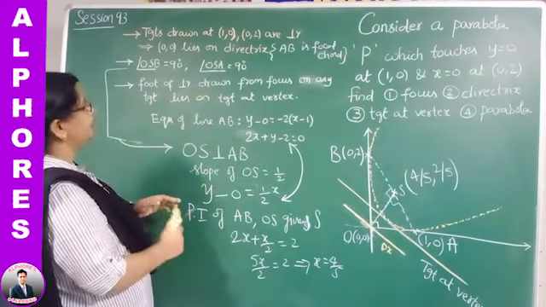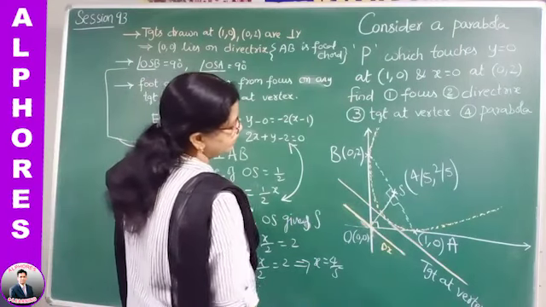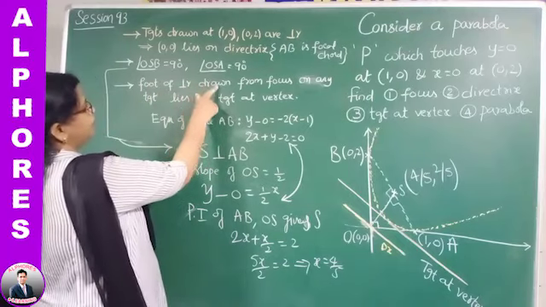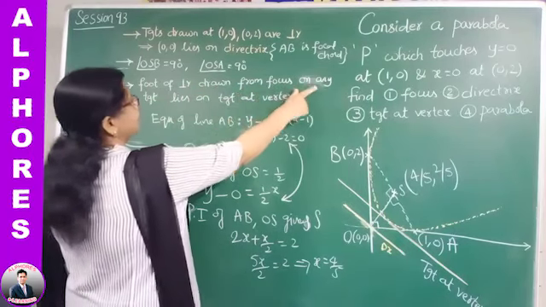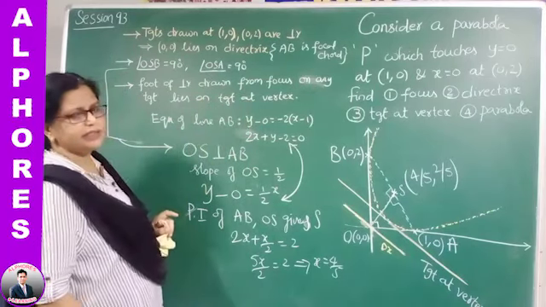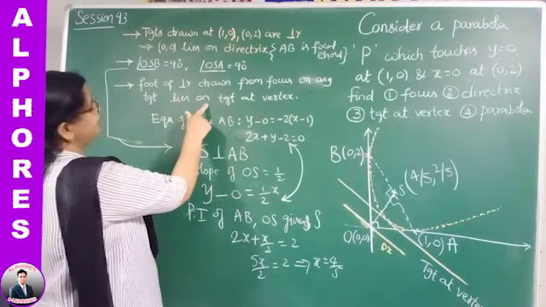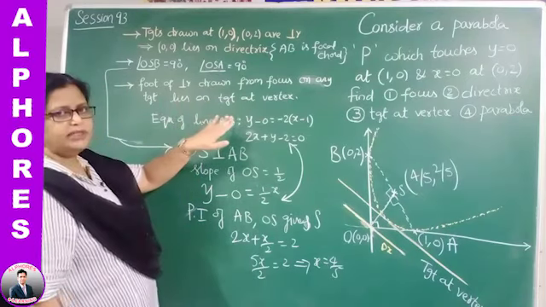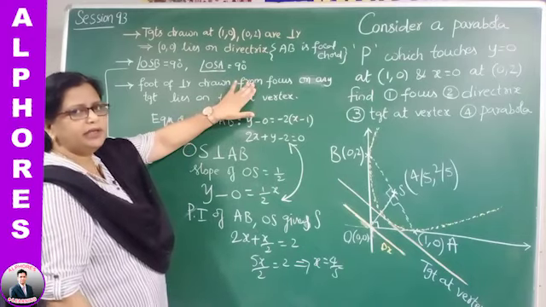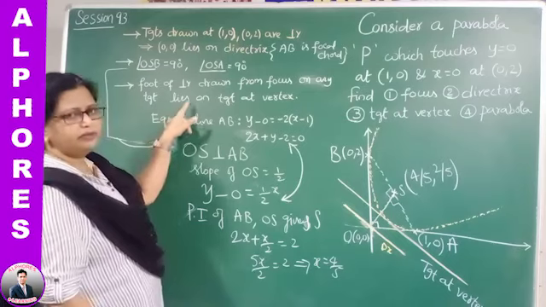Therefore, again I am going to use another concept of the tangent at the vertex: the foot of the perpendicular drawn from the focus on any tangent lies on the tangent at the vertex. This property also, students, we have done. The locus of feet of perpendiculars drawn from the focus on any tangent always lies on which one here?